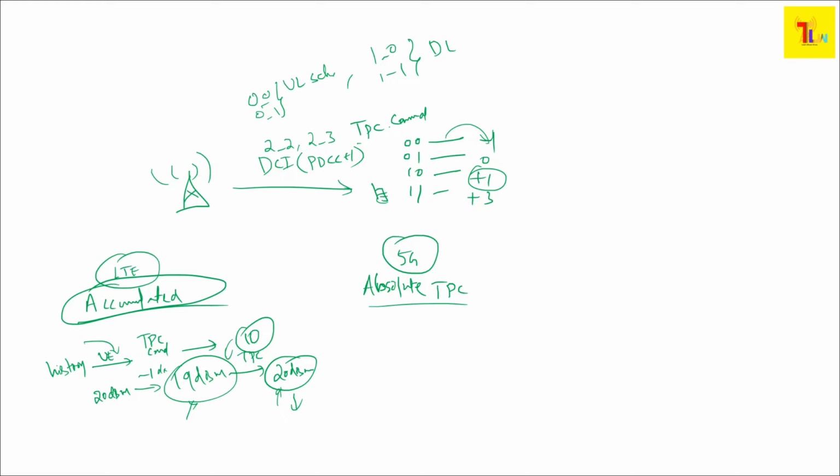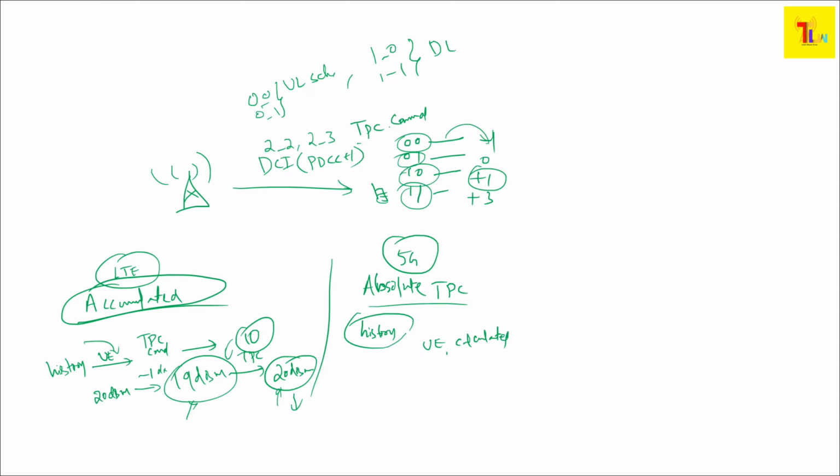In contrast to this, we have the absolute TPC transmit power control command, where it doesn't consider the history of the UE, what power was adjusted in the UE. It just applies whatever TPC command power it has received, and the same thing it will apply on the UE calculated TX power.